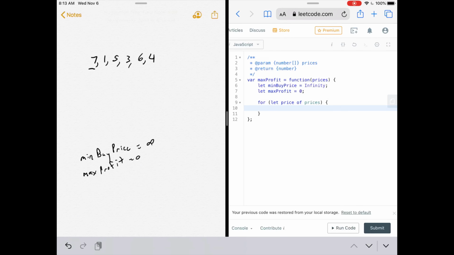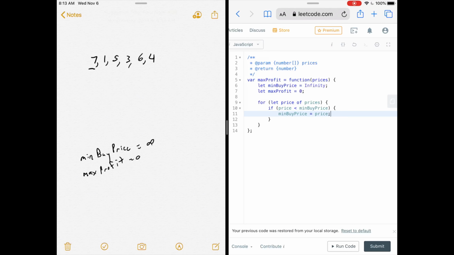Well, yes, it is, because minimum buy price right now is just the dummy number infinity. 7 is less than infinity, so if that's the case, then we'll just replace our minimum buy price with our current stock. All right, so minimum buy price will now be $7.